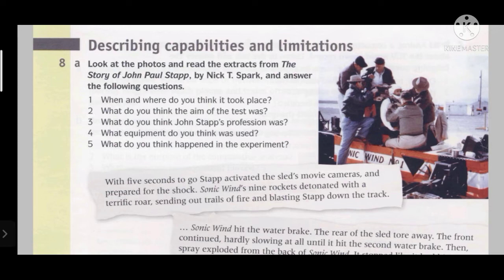Blasting means causing to move very quickly in a specified direction. And in that case, it is down the track, which means along the track. يبقى أول ما الصاروخ انفجر كده بصوت رهيب, قام جاية قاعدة تطلع نار اللي هي المزلاج اللي في الصورة دي, ودفعت ستاب اللي كان قاعد في الكرسي بقوة على طول المسار.